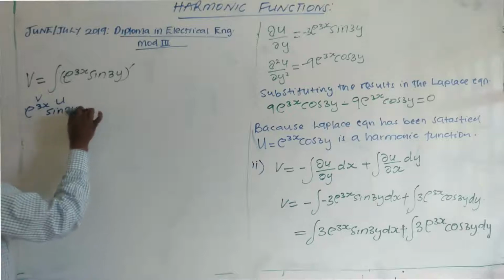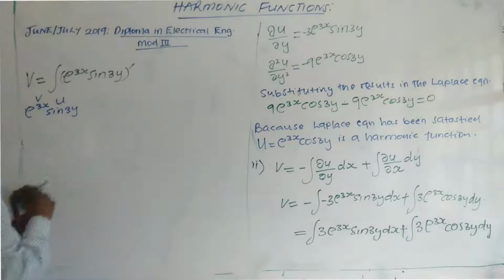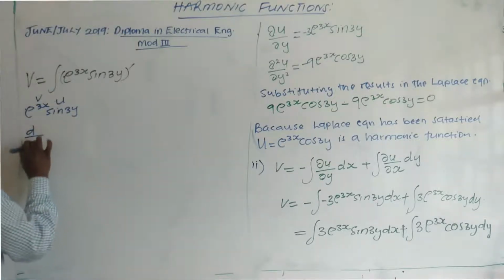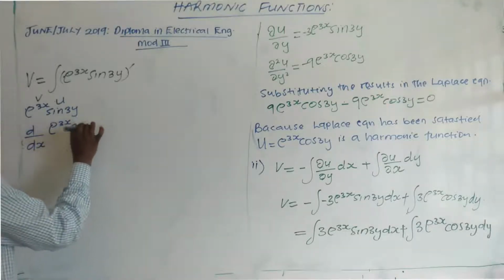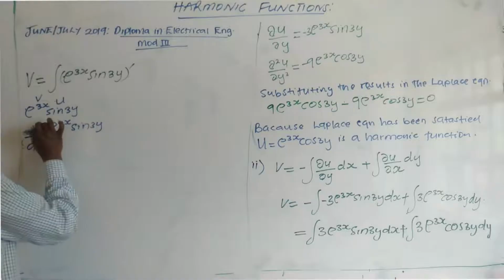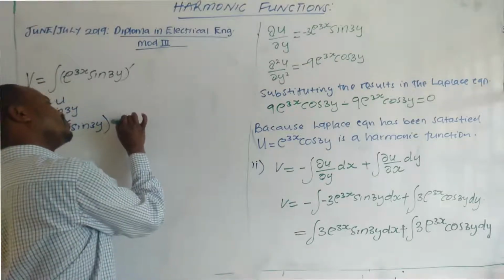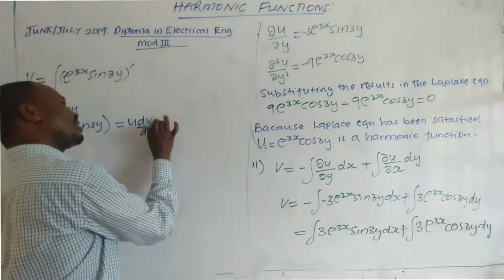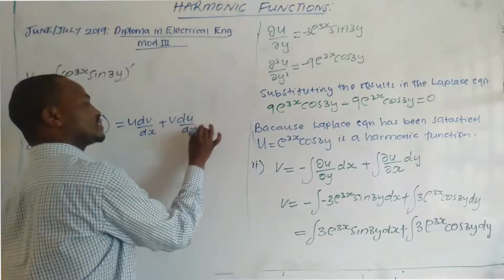So if you differentiate this one, we are told to find the derivative with respect to x of exponential 3x sine 3y. We are told to differentiate that. It will be equal to u derivative of v with respect to x plus v derivative of u with respect to x.